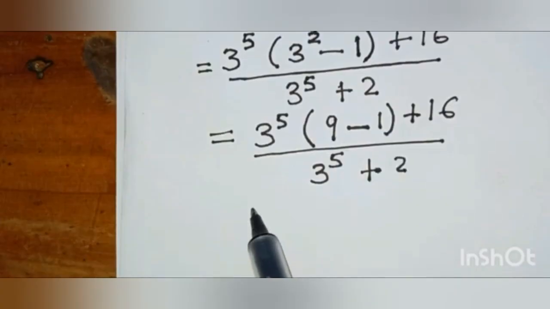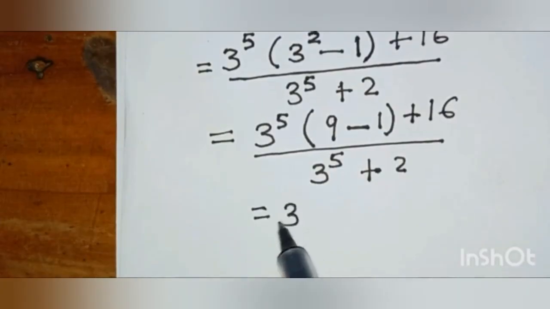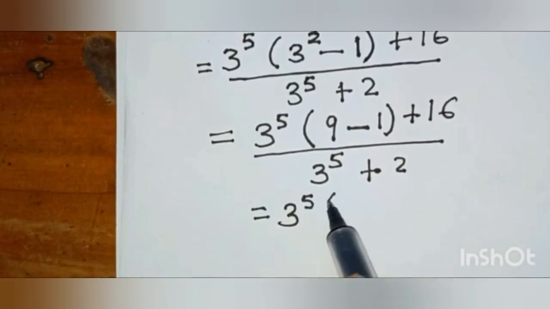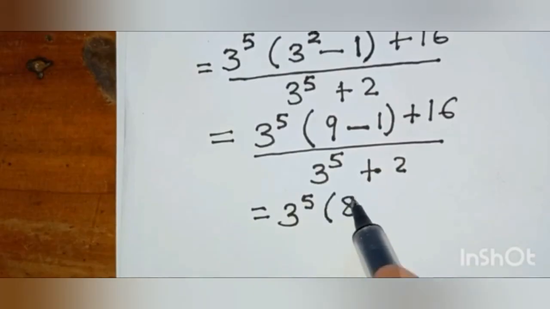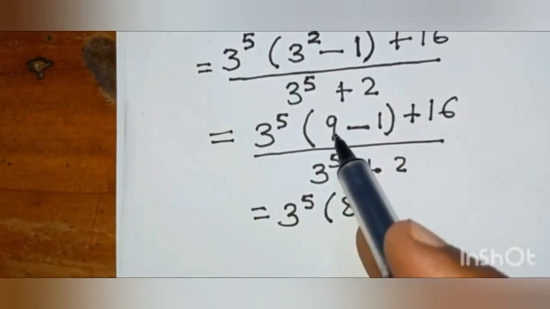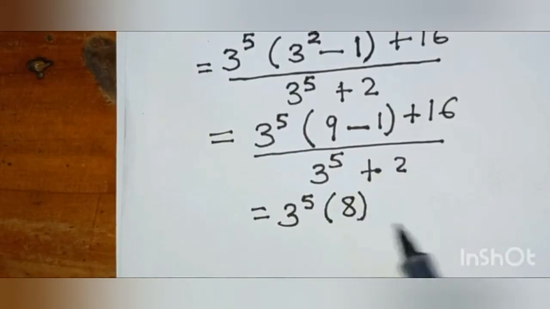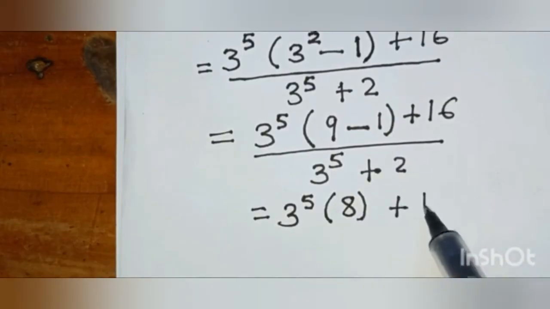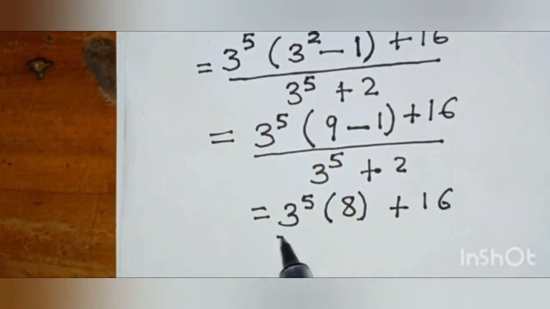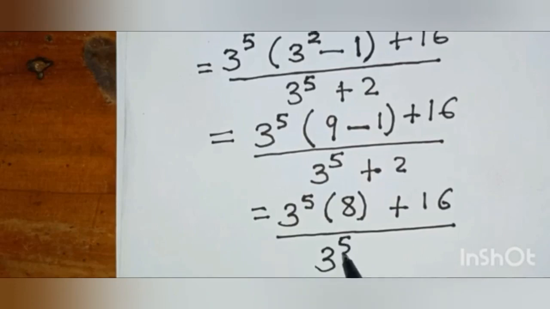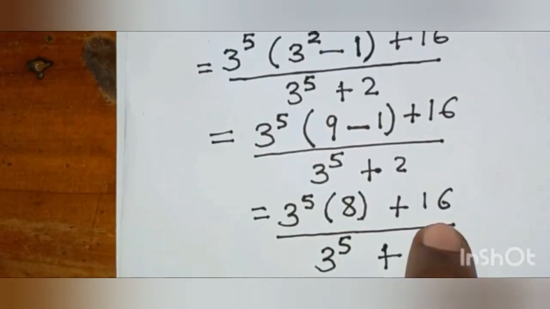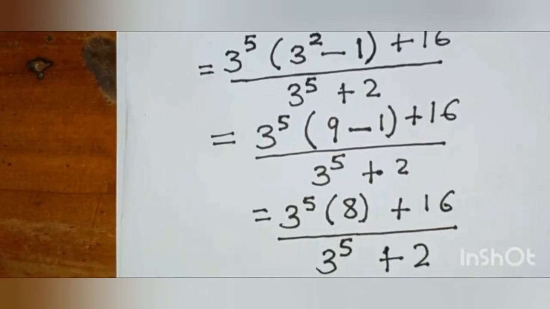So we are going to write 3 power 5 in the bracket, we have 8 because 9 minus 1 is 8, plus 16 over 3 power 5 plus 2. We know 16 is 2 times 8.